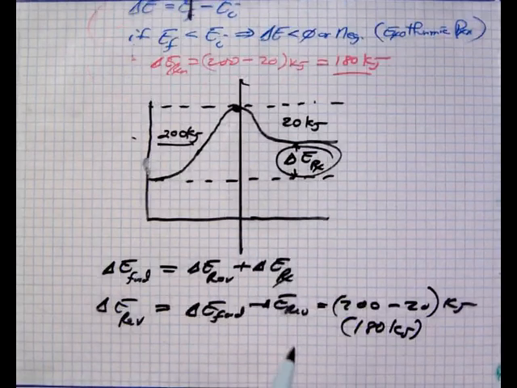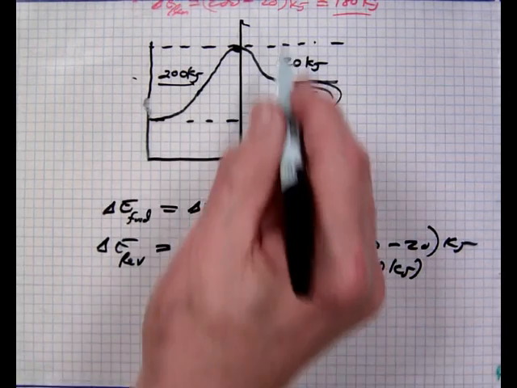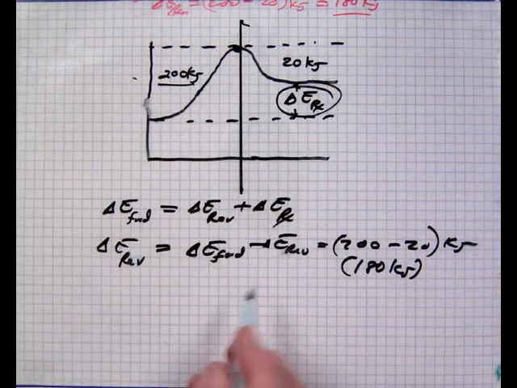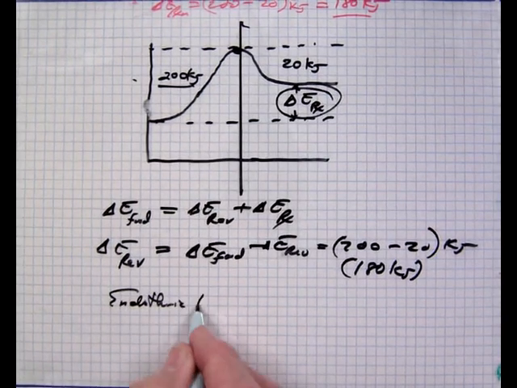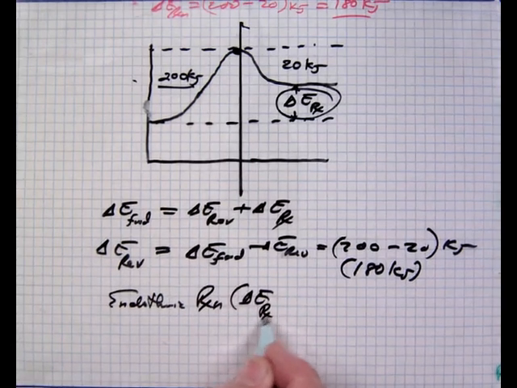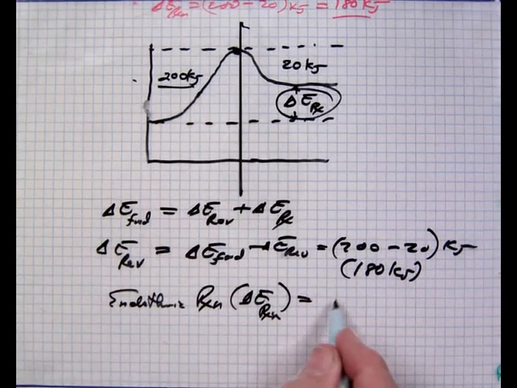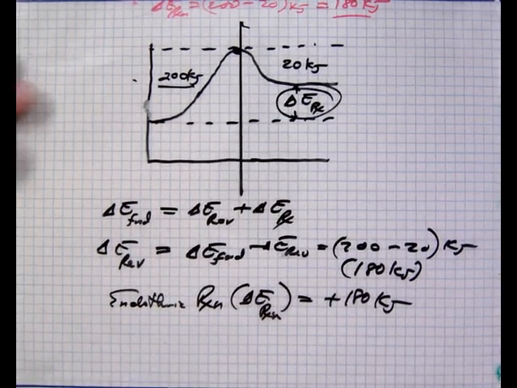So in the actual reaction, reverse reaction is 100, so you would have an endothermic reaction, delta E reaction, equal to plus 180 kilojoules.